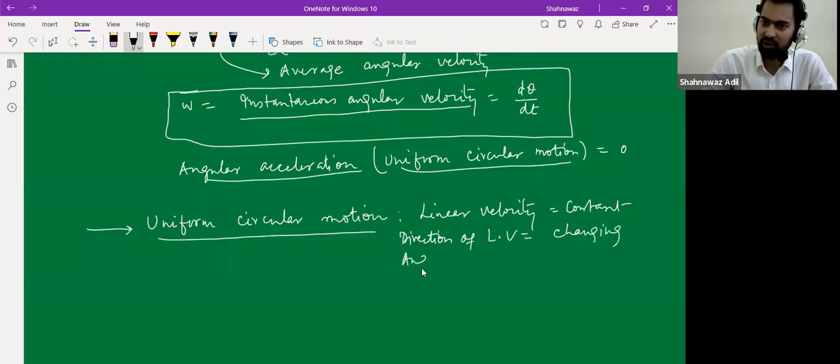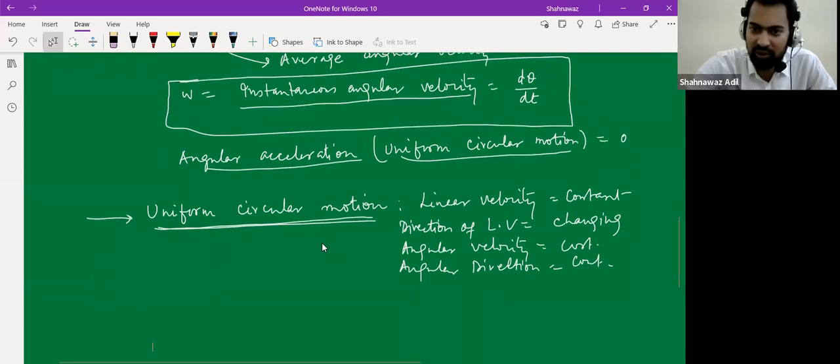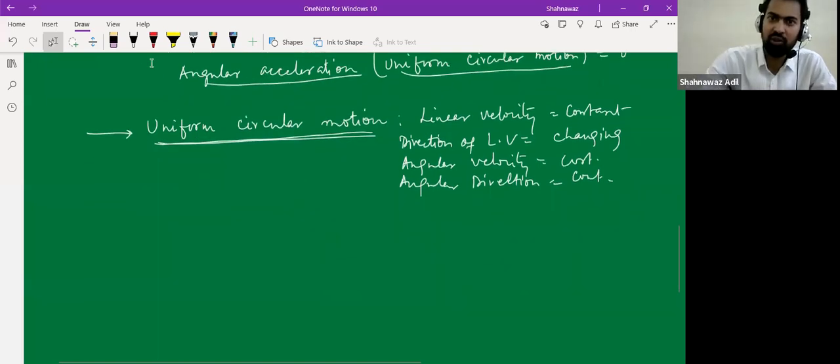Your angular velocity is constant. And the direction of the angular velocity is constant. So that is what you call uniform circular motion, right? And in uniform circular motion, you experience an acceleration.